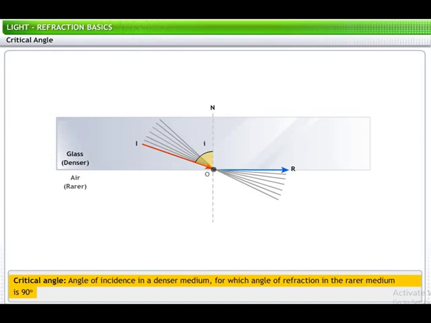This angle of incidence is called the critical angle of the given denser medium with respect to the given rarer medium and is denoted by i_cr. As the refracted ray travels along the surface, it makes an angle of 90 degrees with the normal. Thus, we can say that at the critical angle, the angle of refraction is 90 degrees.